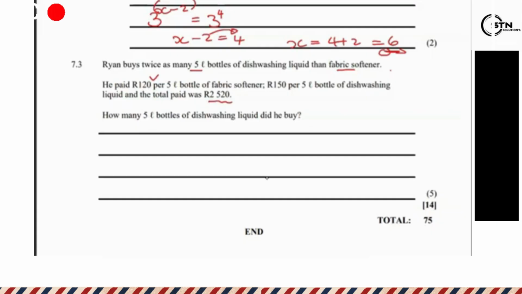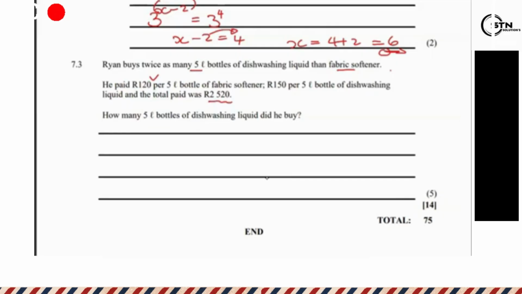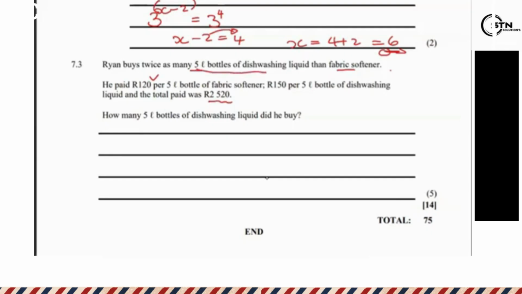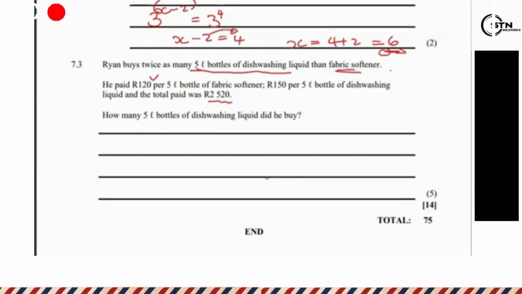How many 5-liter bottles of dishwashing liquid did he buy? So this type of equation is more like what we call a simultaneous equation. Now, when we look at the first statement, he bought twice as many dishwashing as fabric, meaning that he got fewer fabric softeners than dishwashing.